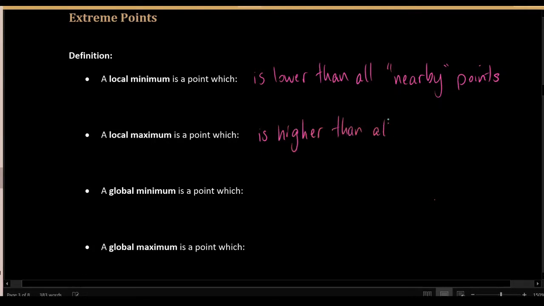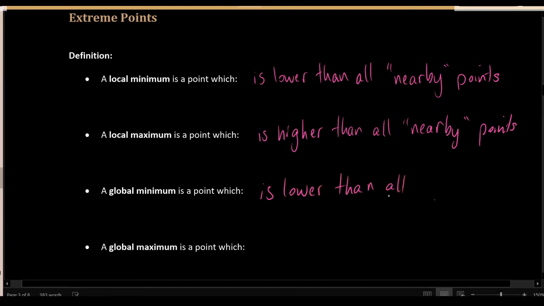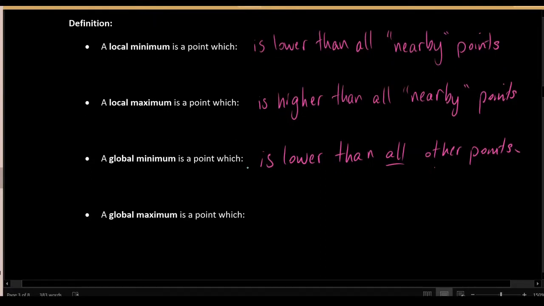Higher than all the other points in the neighborhood. A global minimum is lower than every other point, period. Likewise, a global maximum is a point which is higher than all other points, period.